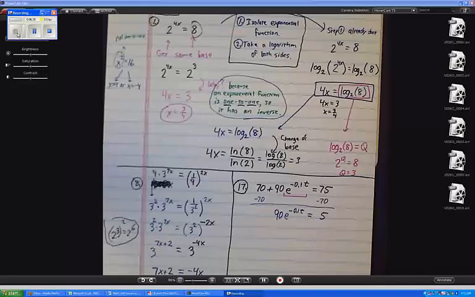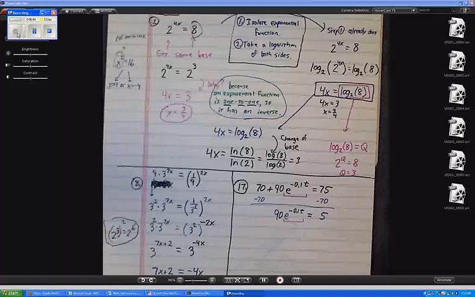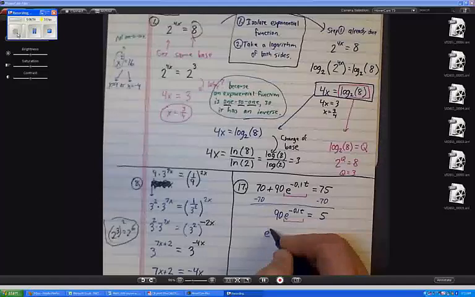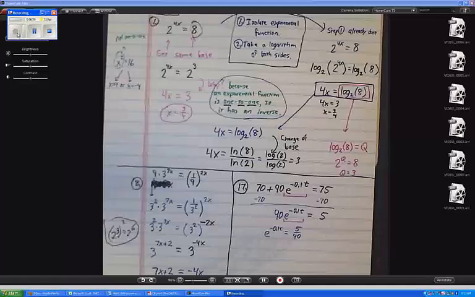Let's divide by 90 because, again, we're still trying to isolate the exponential function. Okay? And so I divide both sides by 90, and I get e to the negative 0.1t equals, well, whatever 5 over 90 is. Okay, 1/18. I'm just going to leave it like that for now.